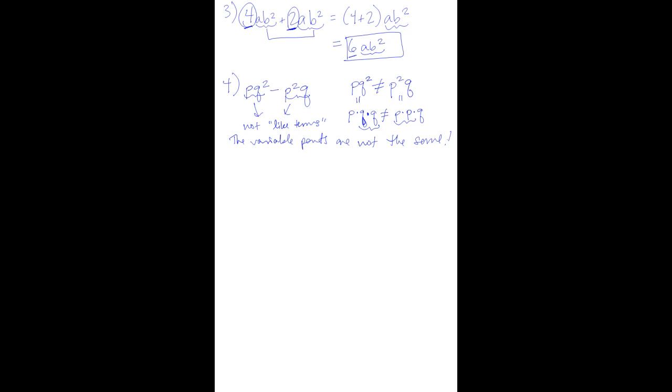The basic idea behind combining like terms is that we can only count up things if they're the same. If we have a bunch of things over here on the left that are the same type of thing, and a bunch of things over the right that are the same type of thing, we can count up how many of those things we have on the left, how many of them we have on the right, and put that total together. But if we've got totally different things on the left than we do on the right, we can't combine them into one counting, because then we're not counting up the right sized things.